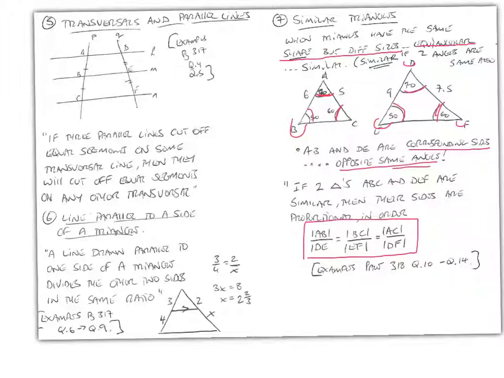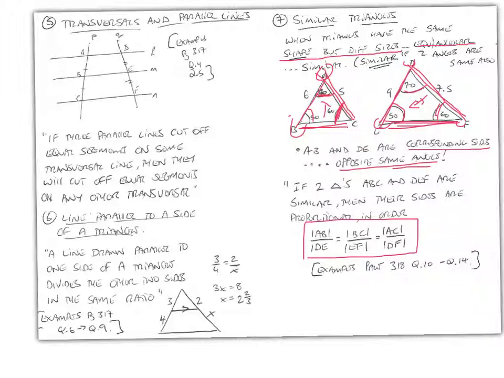So AB is opposite 60 here. That corresponds with DE, because that's opposite 60. AC corresponds to this side, because they're both opposite 50. And finally, BC corresponds to EF, this side, because they're both opposite 70.